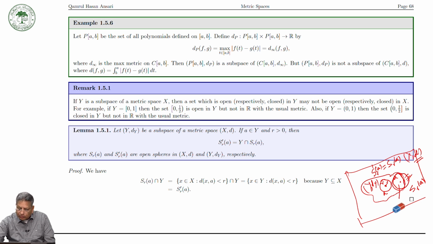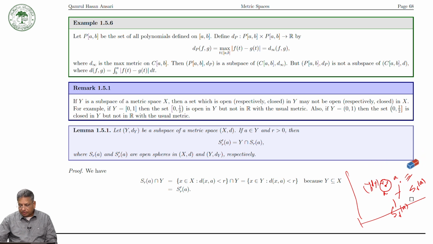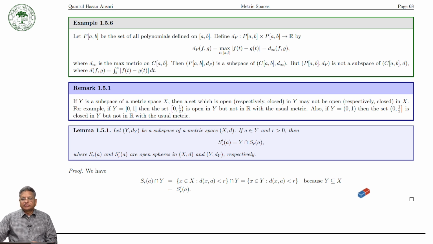So this is the open ball S(r, A)', that is to say, the open ball with center at A and radius r with respect to dY, or in Y. This is a very important result or concept, because all the time we have to check whether we are considering the ball, closed set, or interior point or limit point in the whole space or in the subspace.